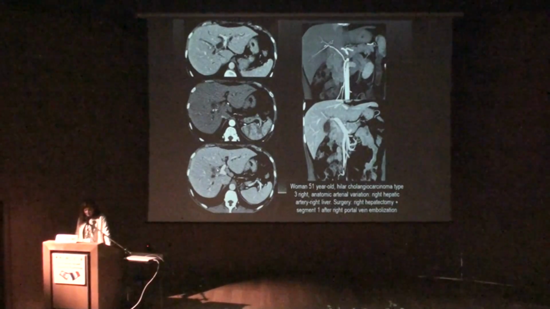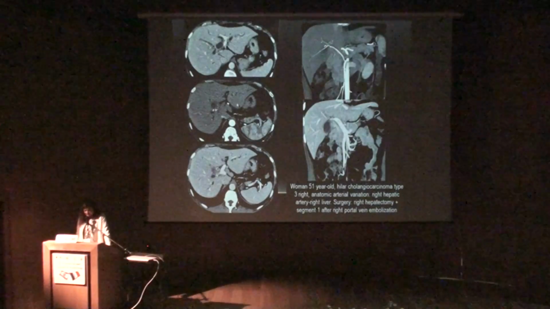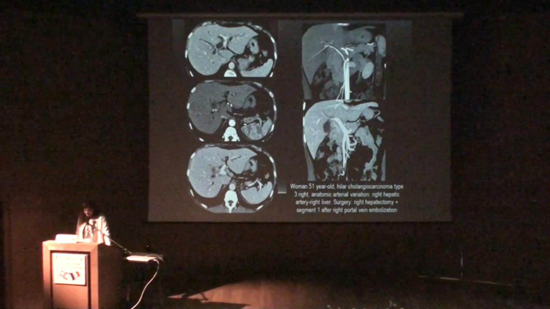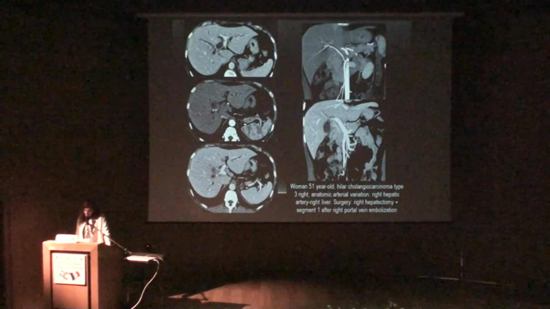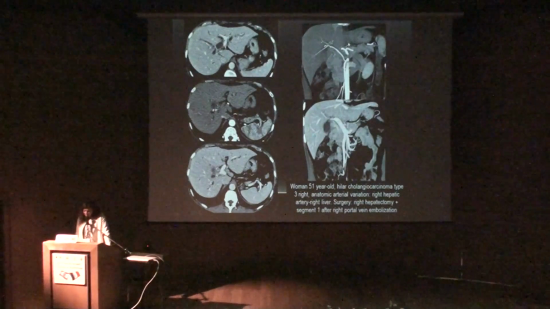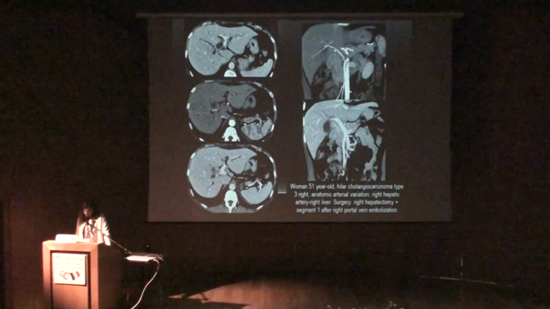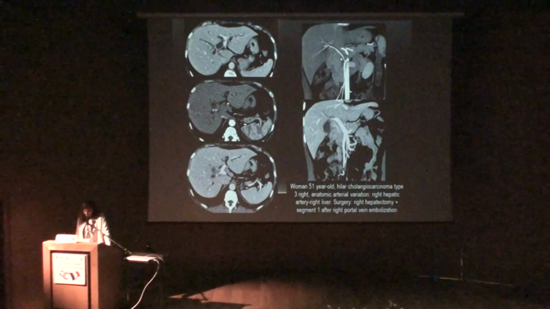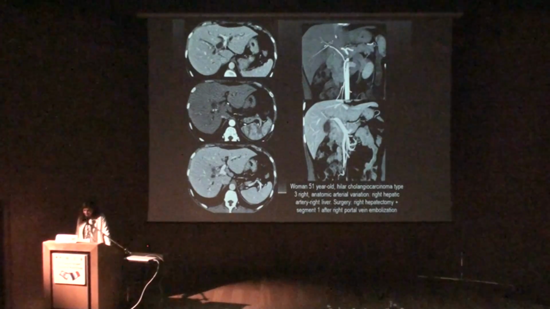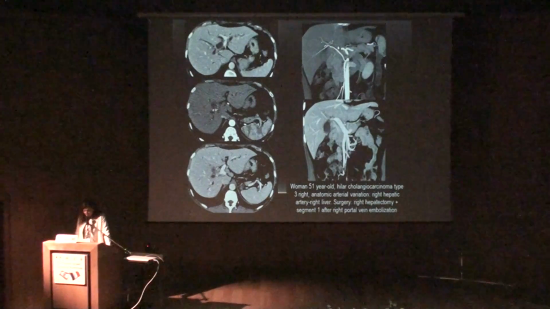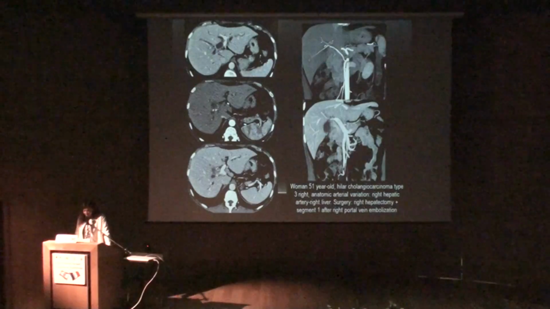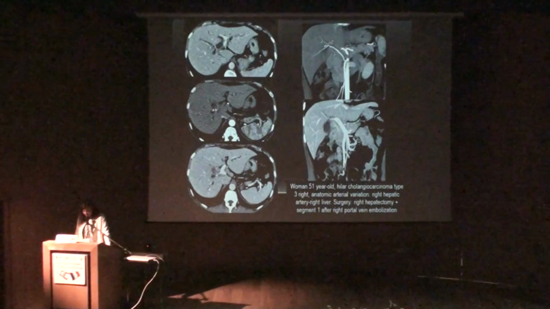But what can you see in addition? You see here that there is a left hepatic artery. You do your reconstruction, and you can see that the surgeon probably is going to do a right hepatectomy, but he can keep the left liver because of this anatomic arterial variation, because of the presence of a left hepatic artery for the left liver.